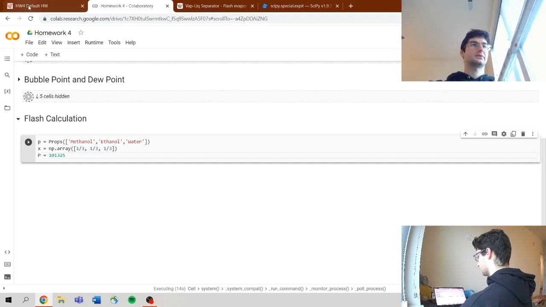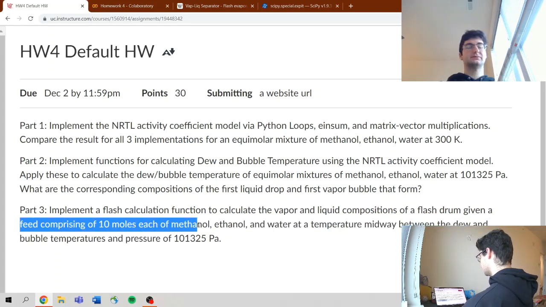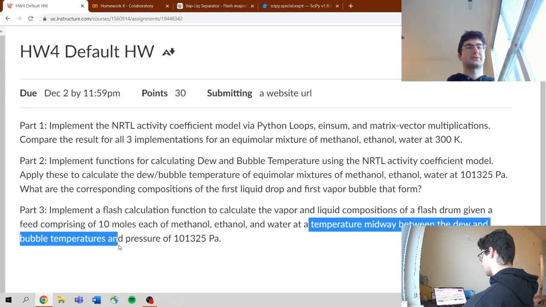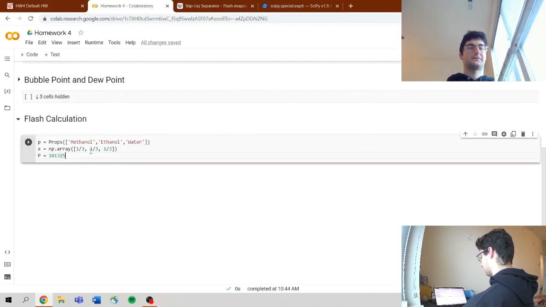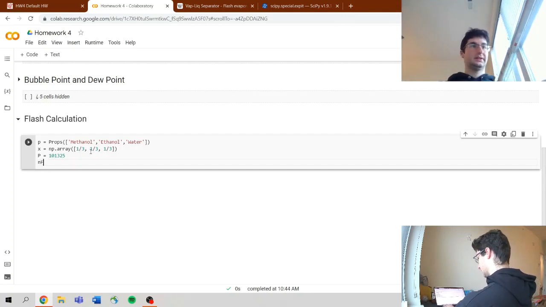So what are our initial compositions? We need a feed comprising 10 moles each of methanol, ethanol, and water at a temperature halfway between the dew and bubble temperatures. So let's do NF equals, let's make this an array: 10, 10, 10.